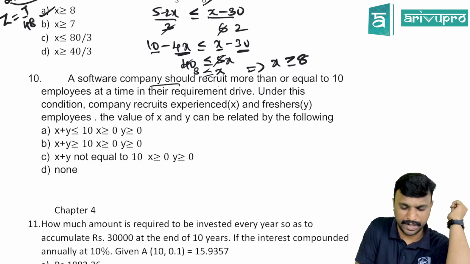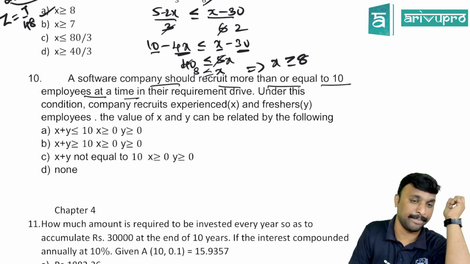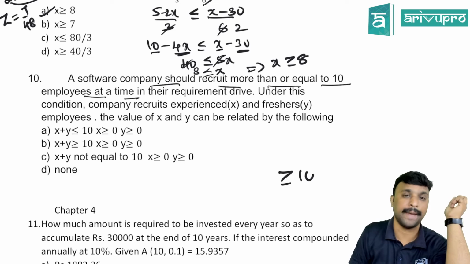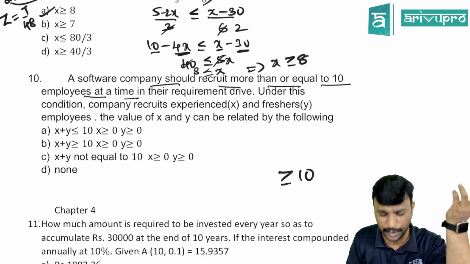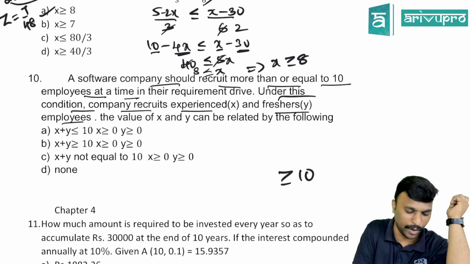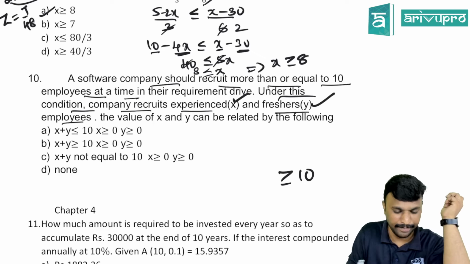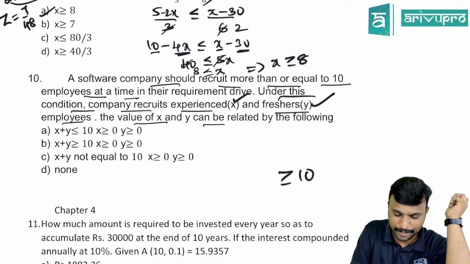A software company should recruit more than or equal to 10 employees at a time. Total employees should be more than or equal to 10. Under this condition, the company recruits experienced and fresher employees. Number of experienced persons are X, number of freshers are Y. The value of X and Y can be related by the following.